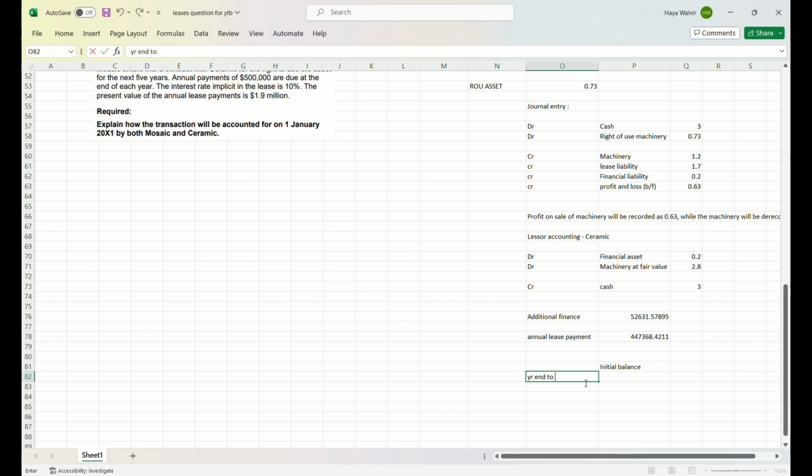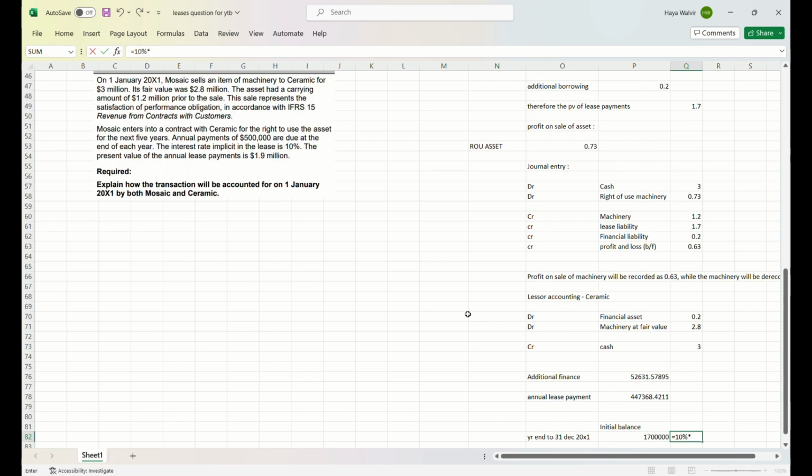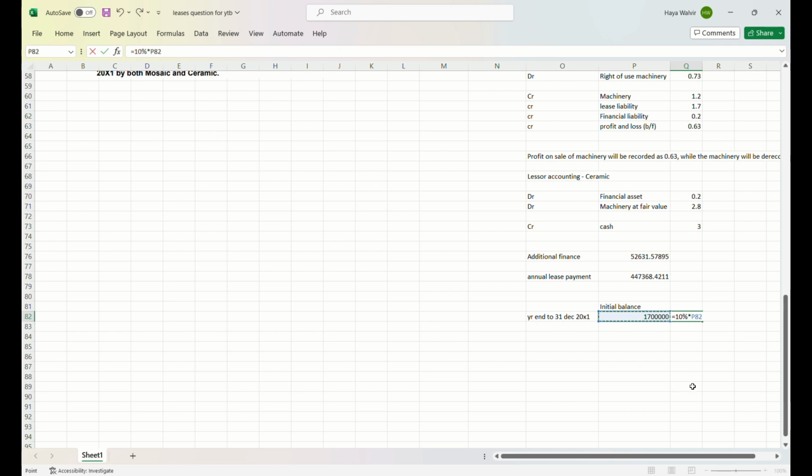So for year end 31 December 20x1, the initial balance was 1.7, then multiplied by 10%, which was the implicit rate. Yeah, it was the rate implicit, right?